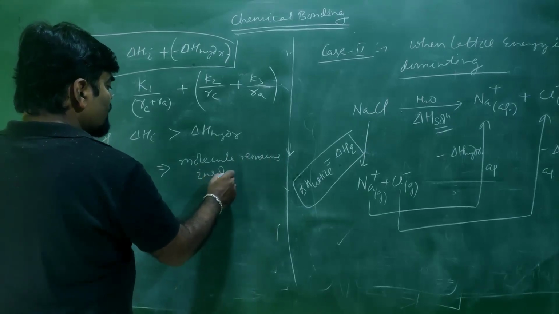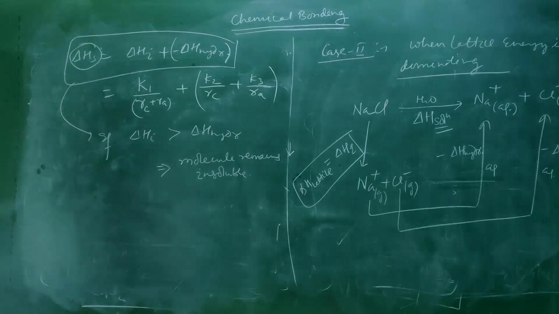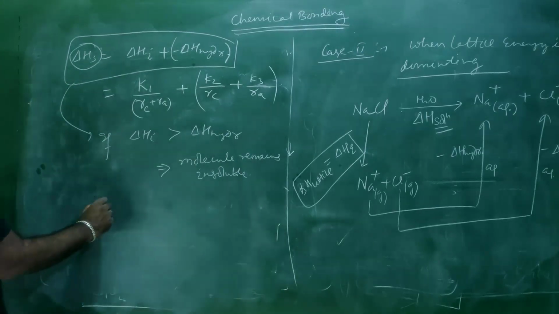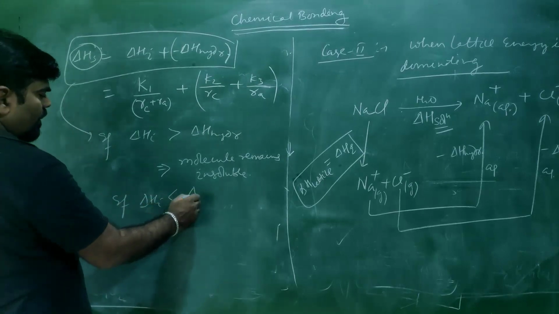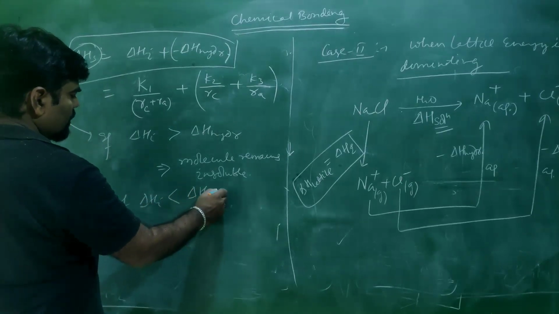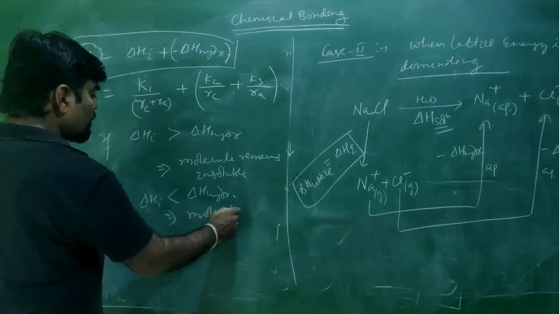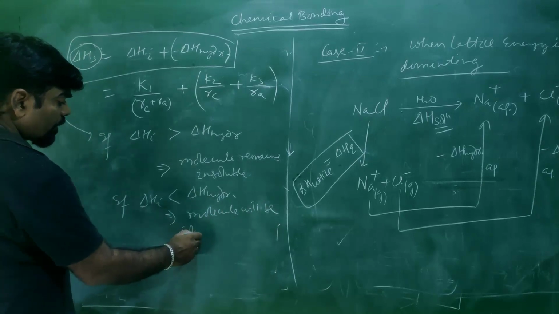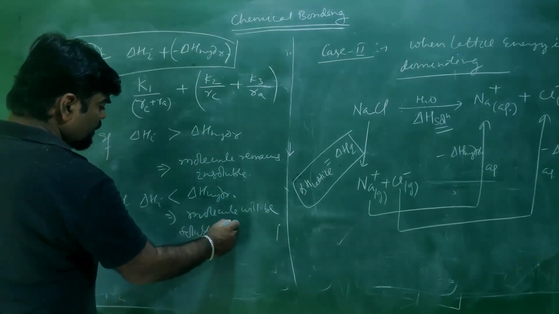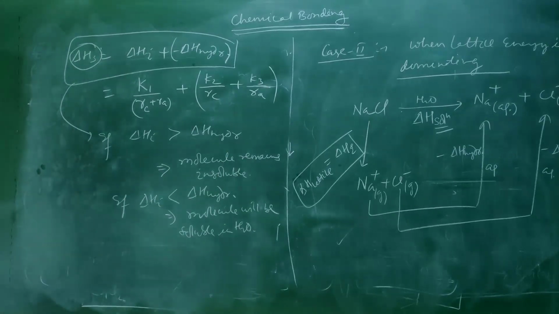If ionization enthalpy is more than enthalpy of hydration, then the molecule remains insoluble. If ionization enthalpy is less than enthalpy of hydration, then the molecule will be soluble in water. Okay.